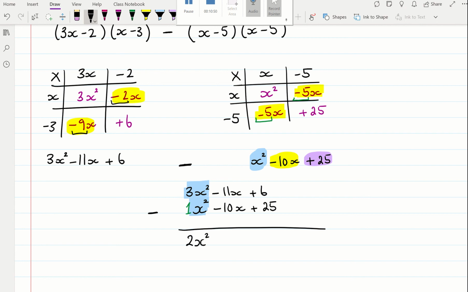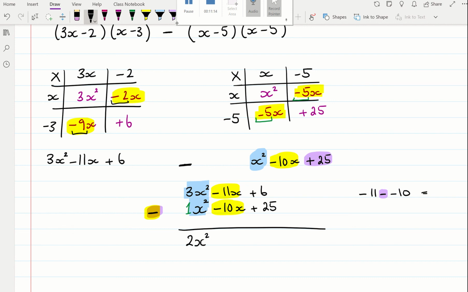And look at this next one, because that's really important. Minus 11x minus 10x. So if you are going to put that into your calculator, it is negative 11 minus, because that's the first minus there, the sign, and then another minus 10.